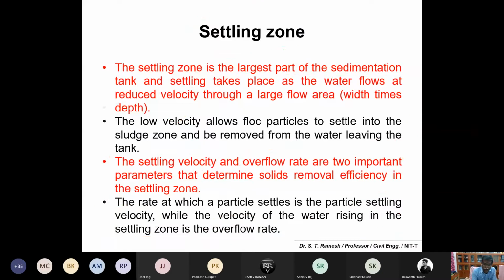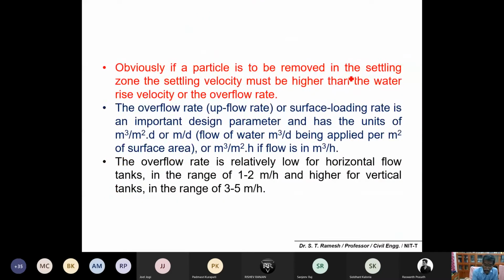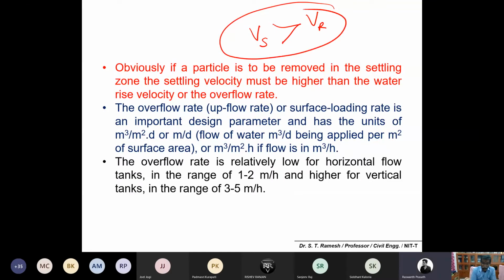Now obviously if a particle is to be removed in the settling zone, please make a note that the settling velocity must be greater than the rise velocity. This condition you have to maintain all the time. Otherwise, your sedimentation tank may not be very efficient or effective. Please make a note: settling velocity must be higher than the water rise velocity or overflow rate.